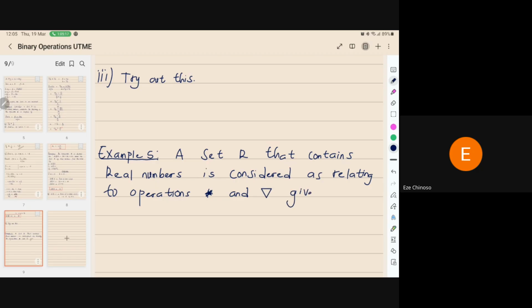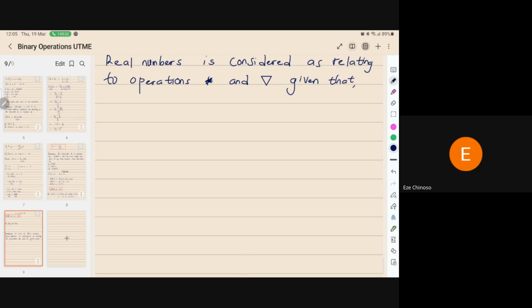So given that A asterisk B is equal to A squared minus 2b all over ab squared, and then I have that A, this angle, B is equal to ab plus b all over ab minus ab. All right, so let's proceed.